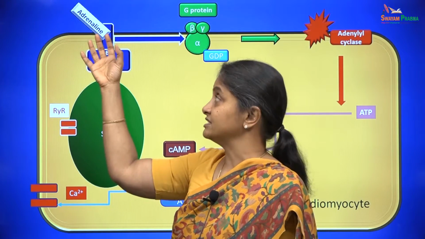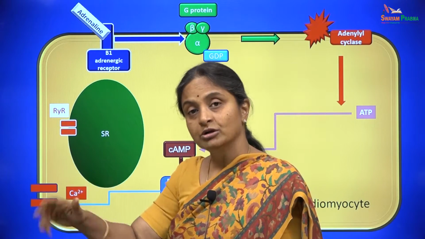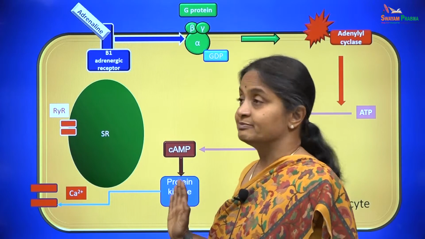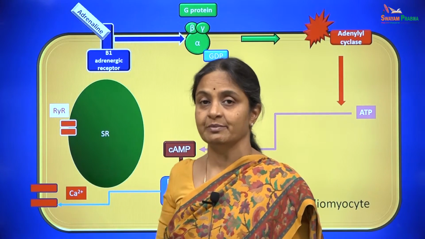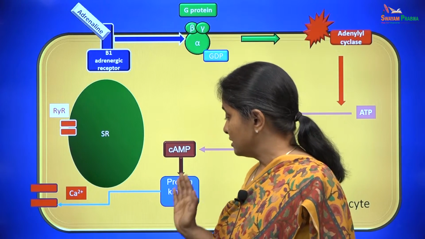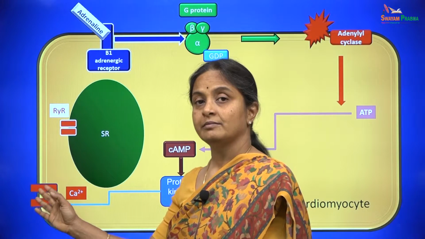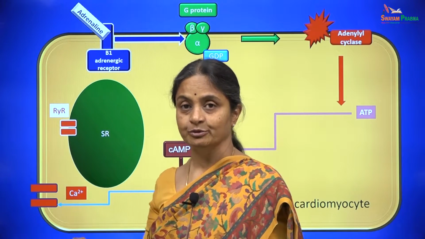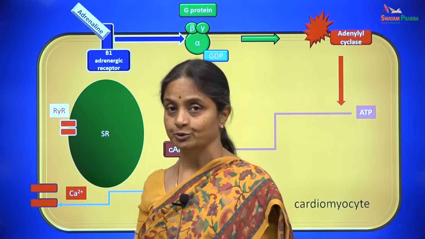Cell A can have a receptor for adrenaline, while cell B may not. But cell B also will have this pathway which is used by other ligands for which cell B has a receptor. And protein kinase A in cell A may phosphorylate one set of proteins, whereas in cell B it will phosphorylate another set of proteins.